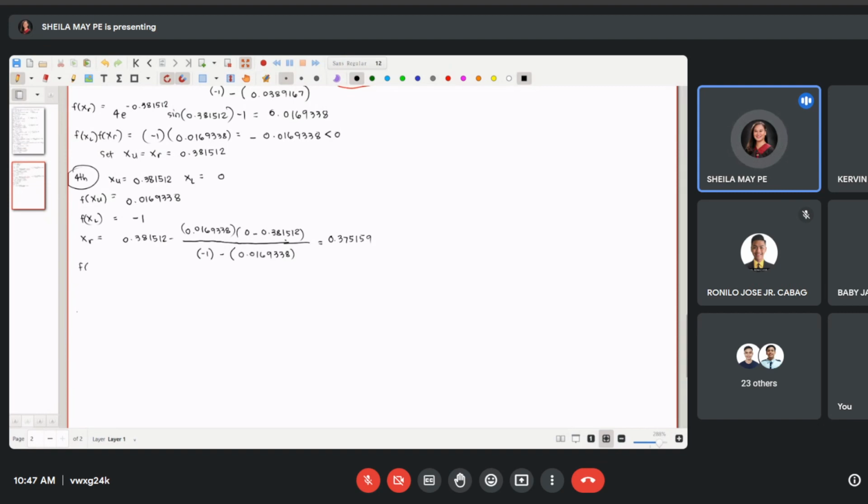Now for the function of our x sub r, that's 4e raised to the power of 0.375159 sine of 0.375159 minus 1.